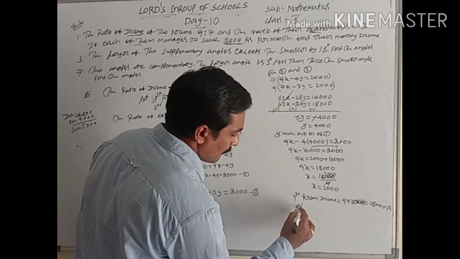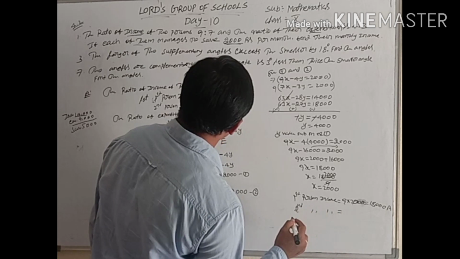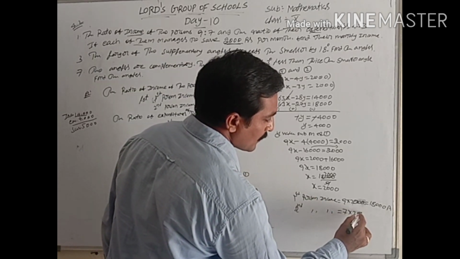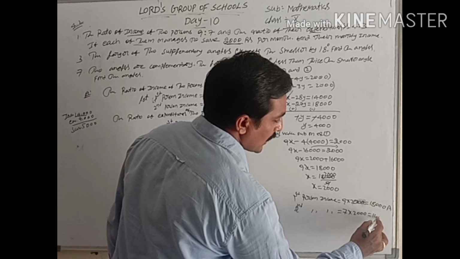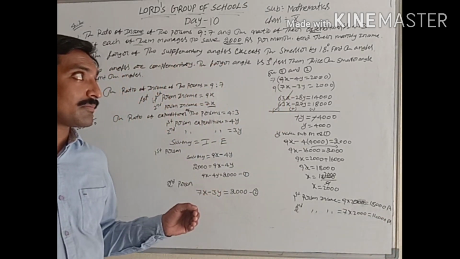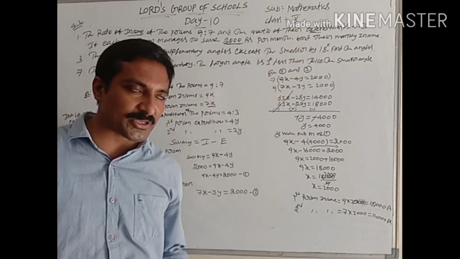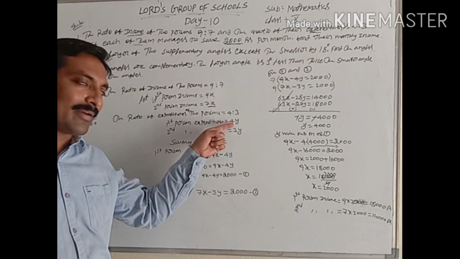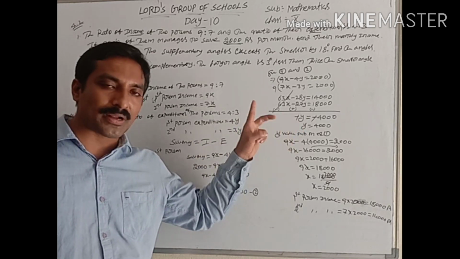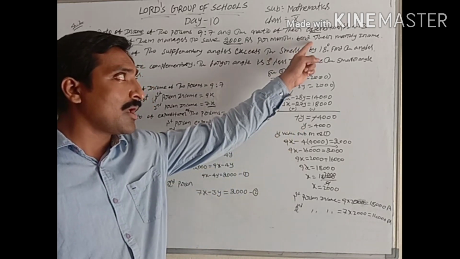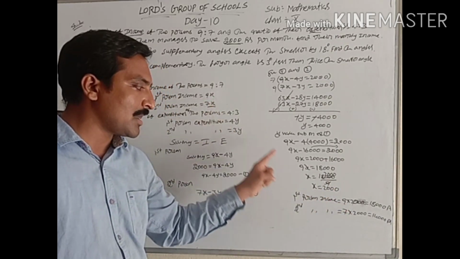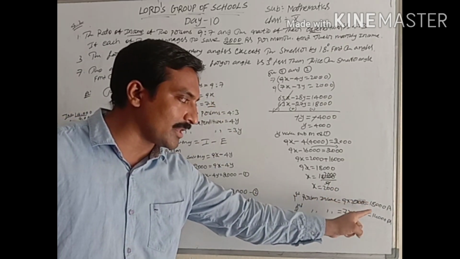Second person's income 7x, 7 into 2,000, is 14,000. If the question asked to find their monthly expenditure, you would take 4 into the y value and 3 into the y value, and you would get the expenditures. But here the question asks monthly income, so you substitute the x value in these two places and you get the monthly incomes.